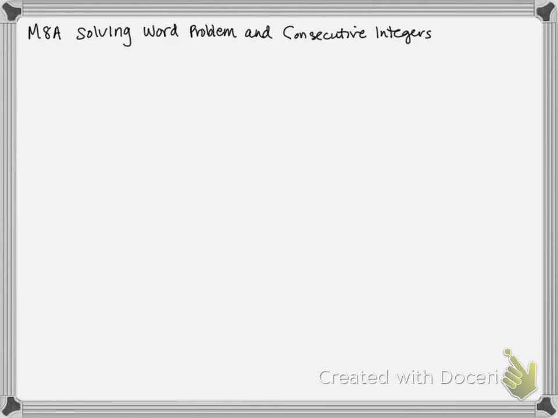Okay? So, general strategy. And we've already kind of talked about this, but we're going to make it official for solving word problems. So I look at word problems having 4 components.